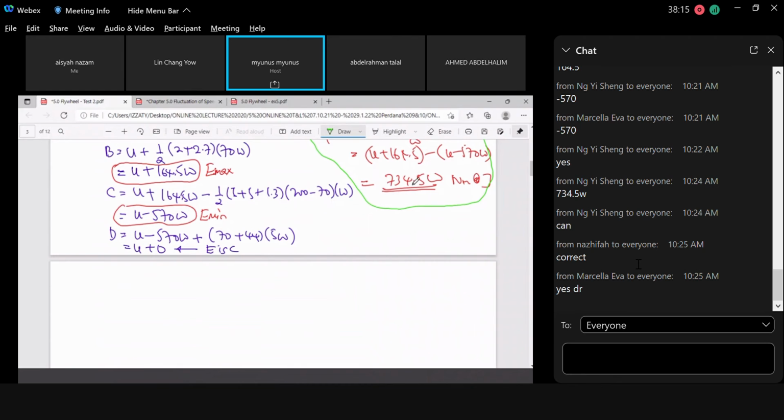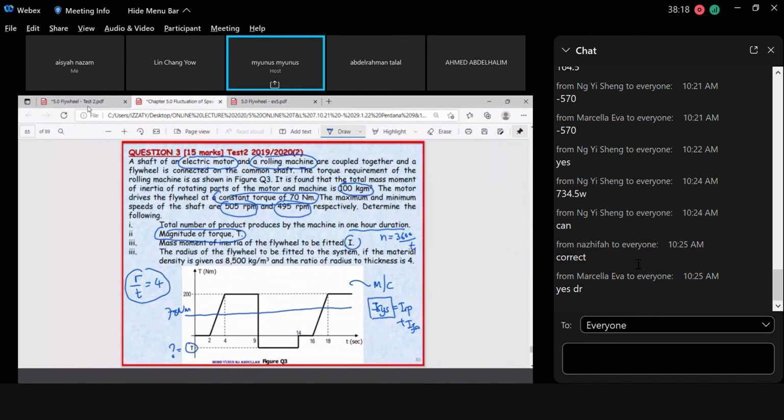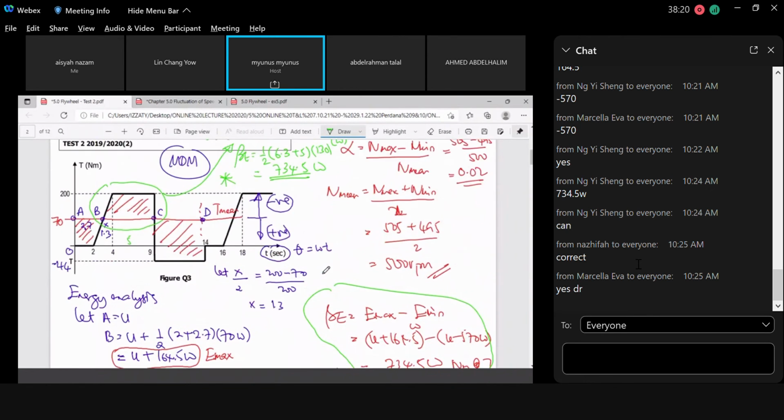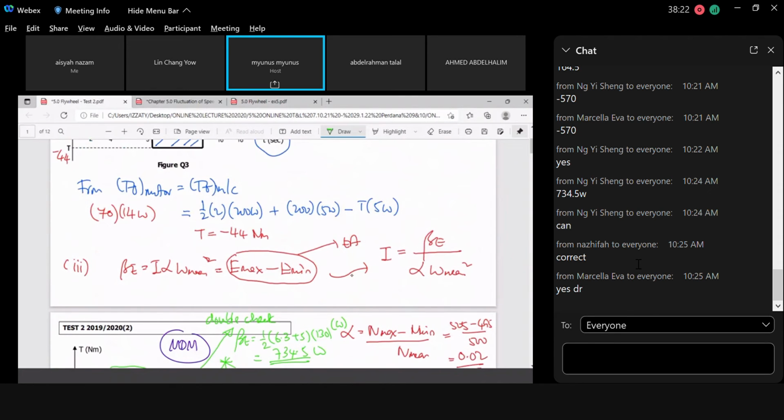So the next thing is defining the mass moment of inertia. So delta E now we put into the equation. Where is our I? Just now we put it here.